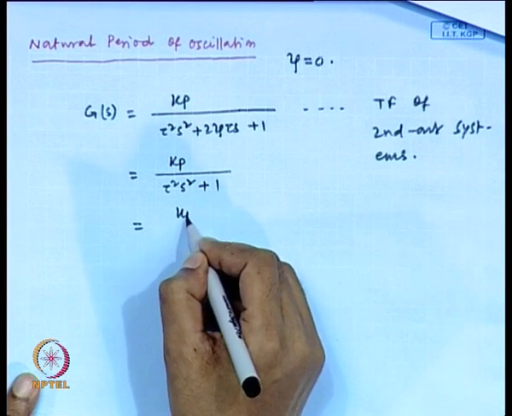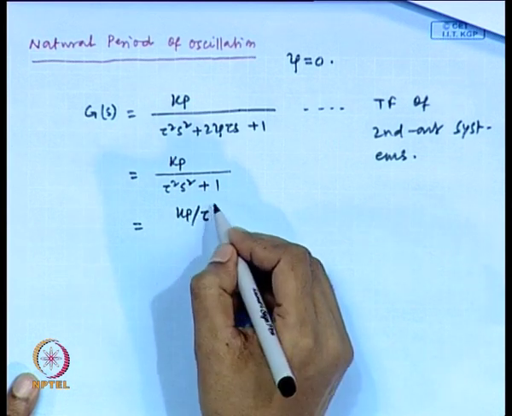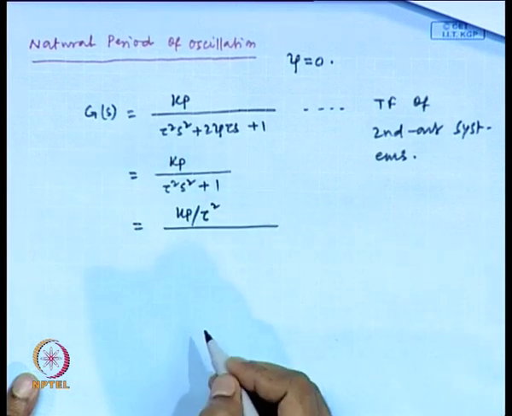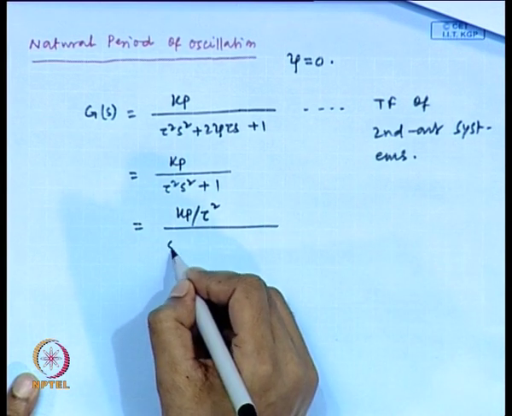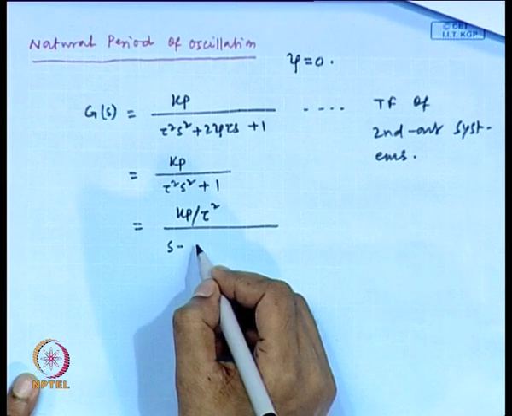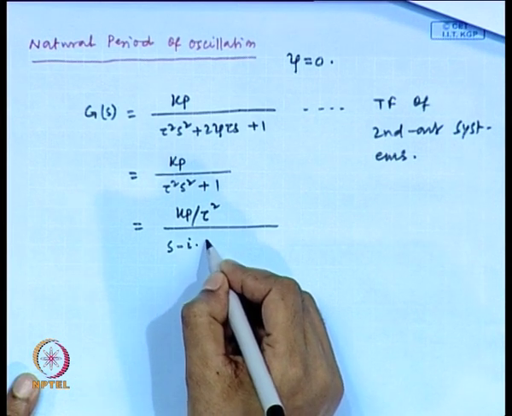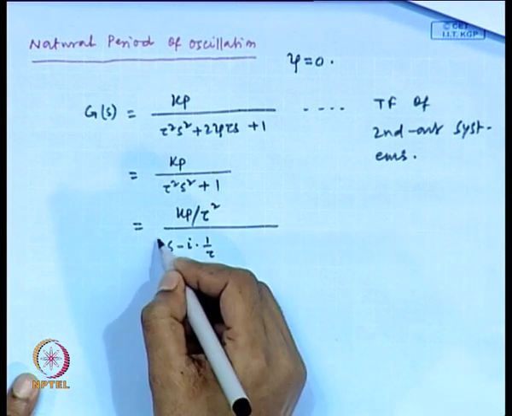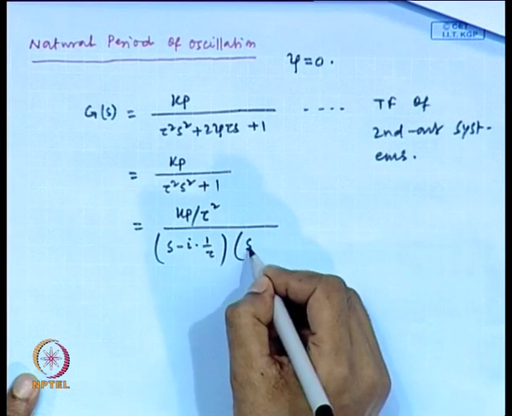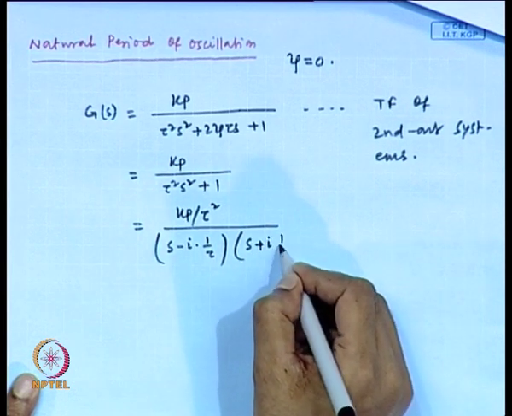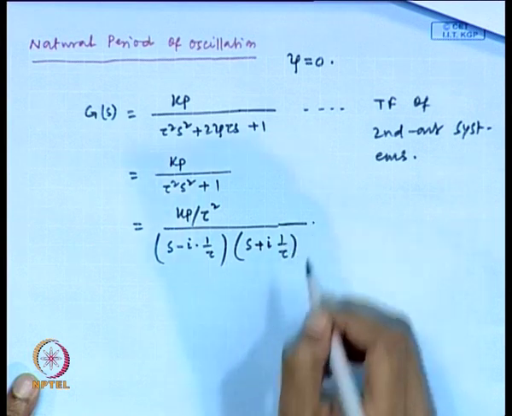We can write this as k p divided by tau square, divided by s minus i 1 by tau, s plus i 1 by tau.